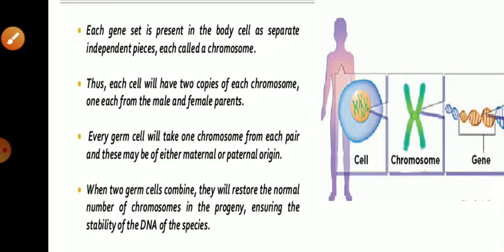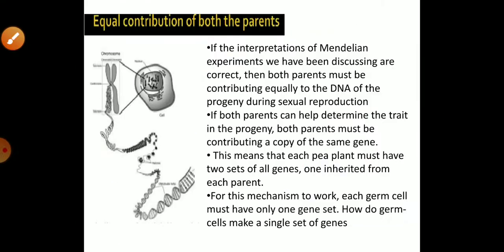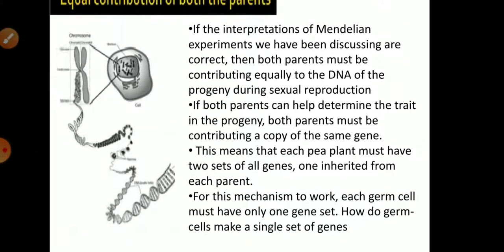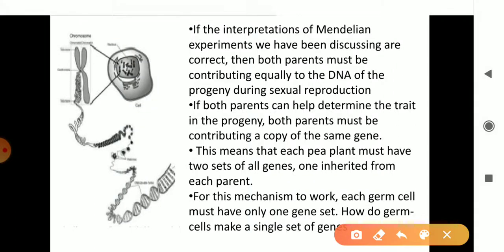Okay, and in the case of sexually reproducing organisms, because there are two parents involved, both parents contribute an equal amount of genetic material, that is DNA. So for each trait both parents will contribute a copy of the same gene, right? In the case of a pea plant, the pea plant will have two sets of all genes.